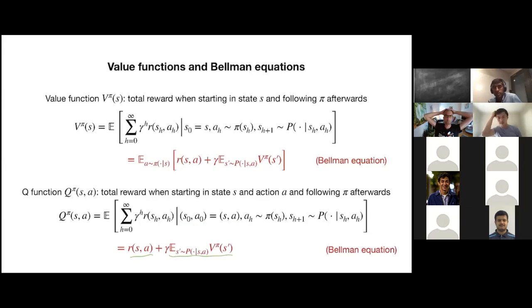Hey, there's one question. Yes. So Debamita asks, what's the significance of gamma? Yeah, so gamma is the discount factor. And if you look at this infinite horizon setting, right, if you don't discount it, then your total reward might be infinite. And so if you discount it, we sort of normalize the total reward from 0 to 1 over 1 minus gamma.